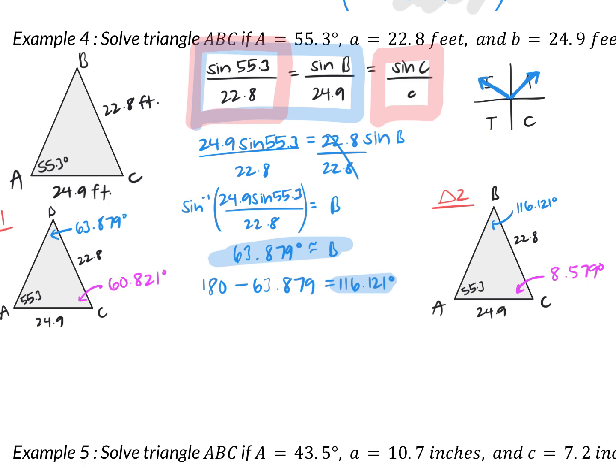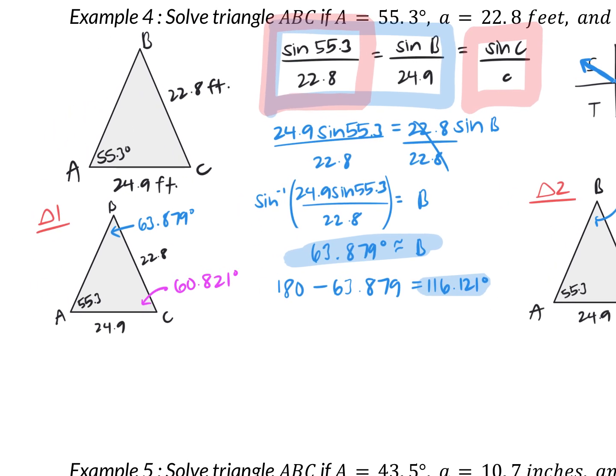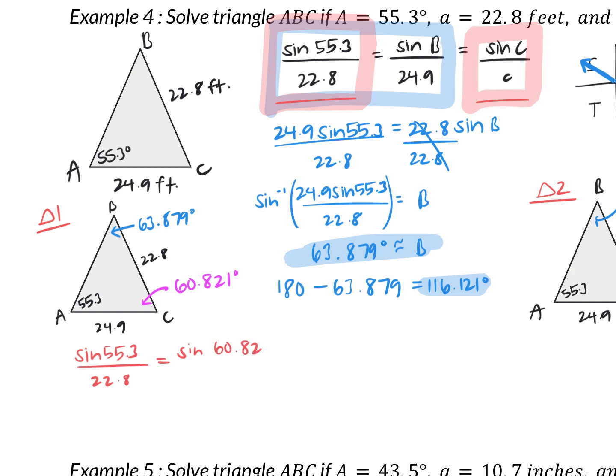So I'm going to start with triangle 1 over here. I've got sine 55.3 divided by 22.8, and I'm setting that equal to sine of C over C, where C is 60.821.